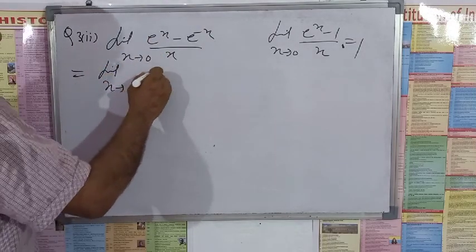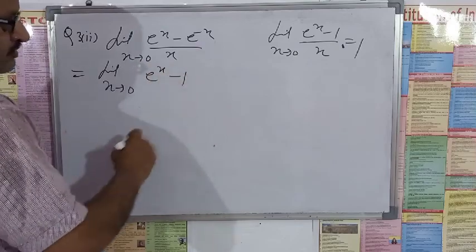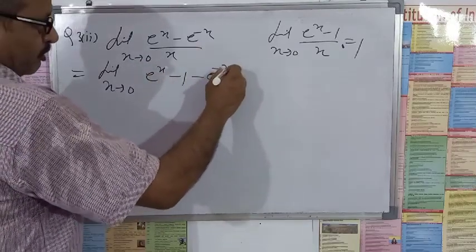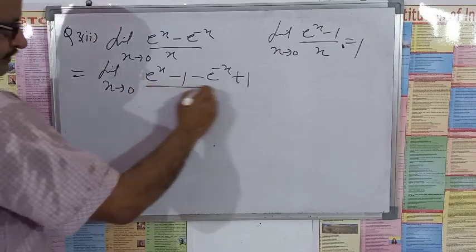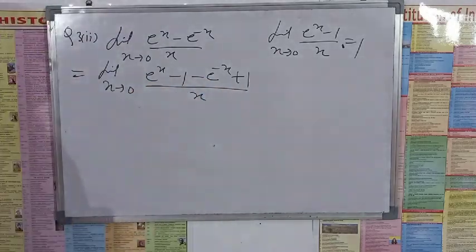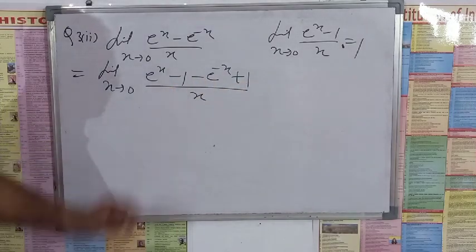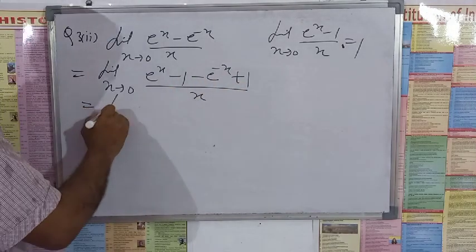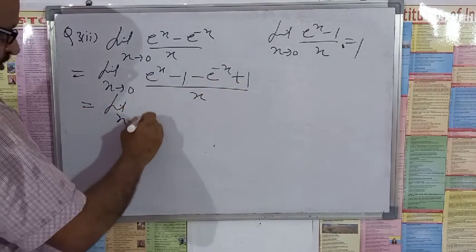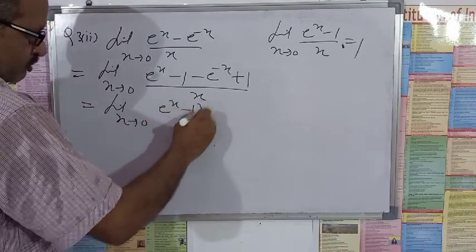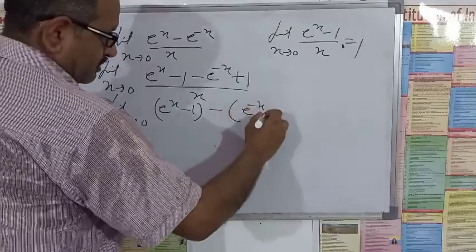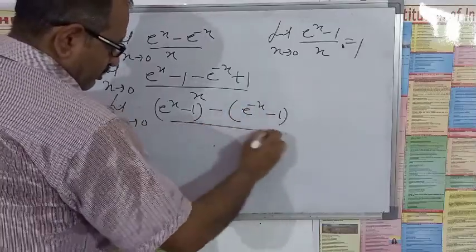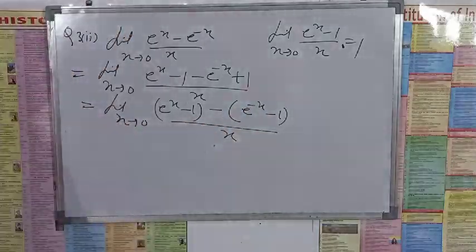Limit x tends to 0, (e to the power x minus 1) minus (e to the power minus x minus 1), so add 1 and subtract 1. We can write it like this: e to the power x minus 1, take the minus sign common, and the whole upon x.